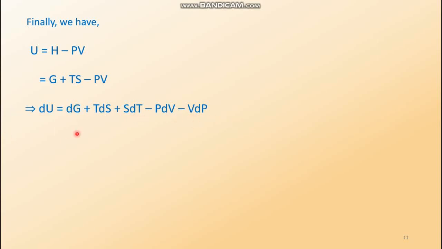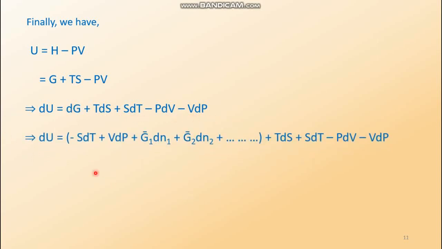Now putting the value of dG from equation 1, within the parenthesis, the cancelling terms are SdT and VdP, both would be cancelled, and the uncancelled terms would be TdS minus PdV.